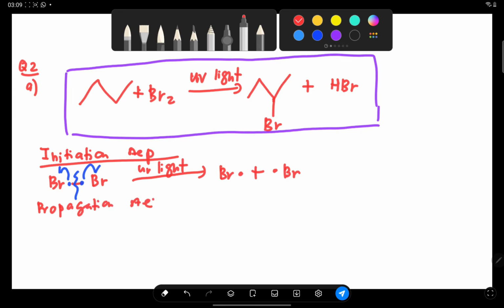Then you proceed with the propagation step, which involves 2 steps. Step number 1 is formation of the alkyl radical.